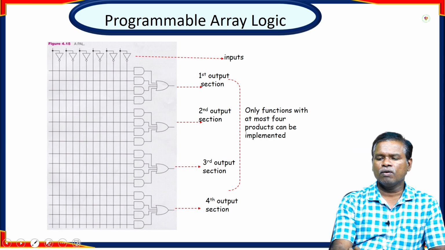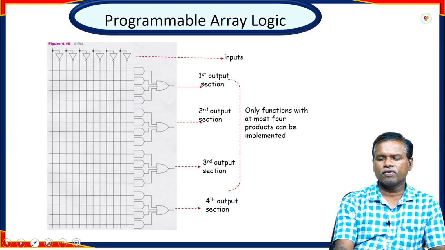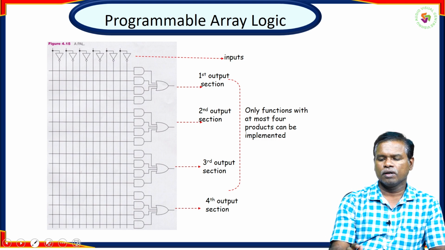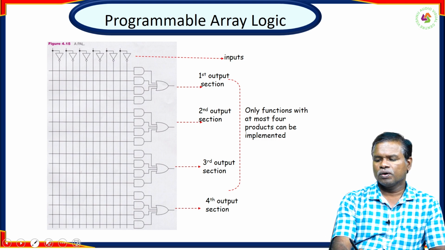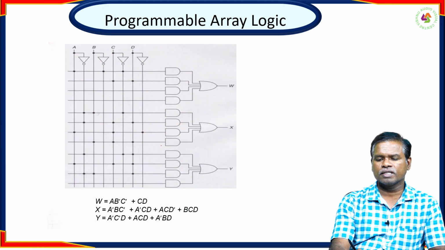So here the programmable gates are AND gates, whereas the OR gates are fixed. The OR gates at the output have fixed inputs, here 4 inputs. This is one example where 4 product terms can be implemented. Let us see a specific example for this.